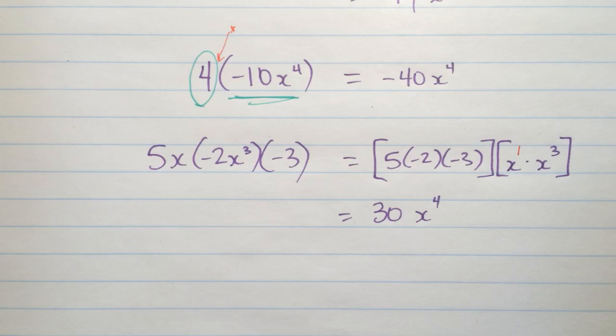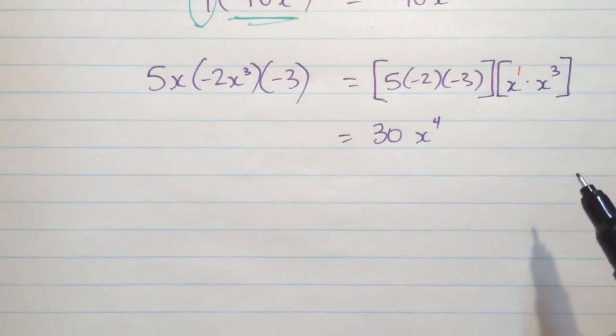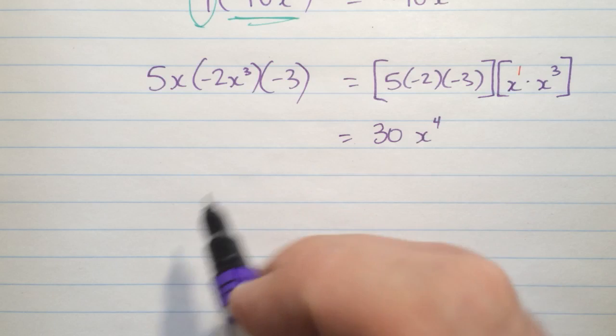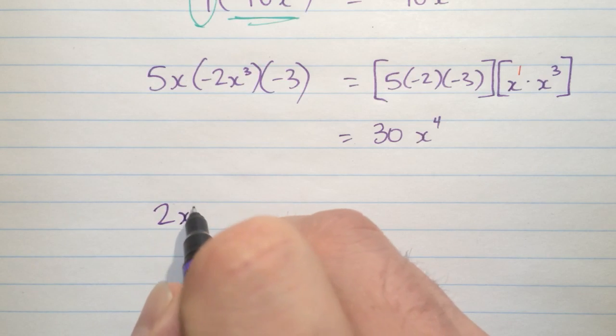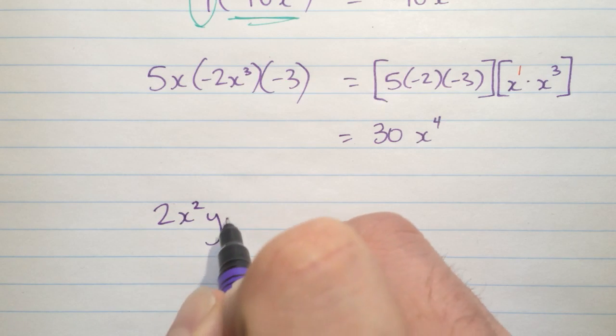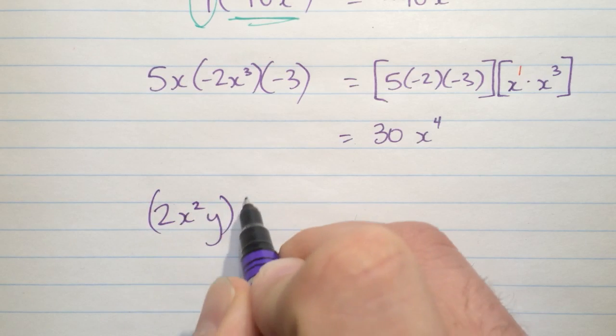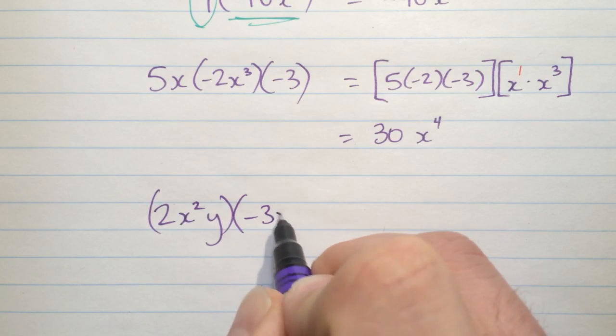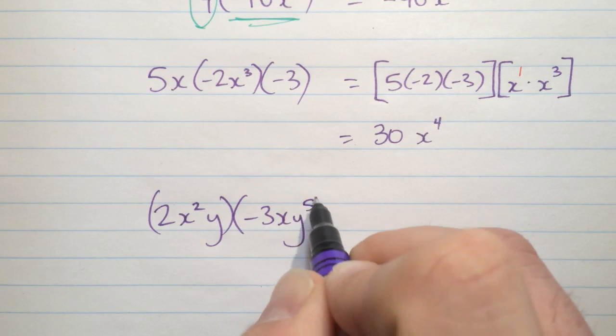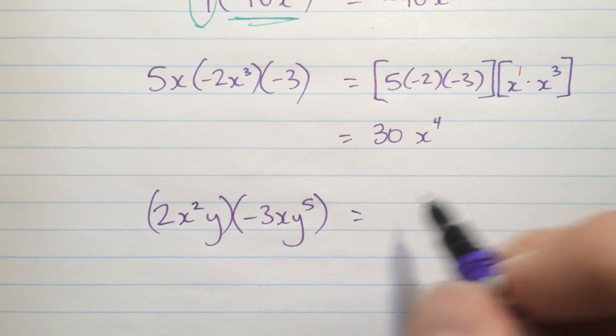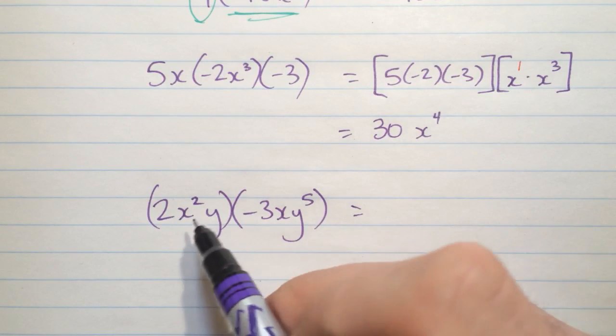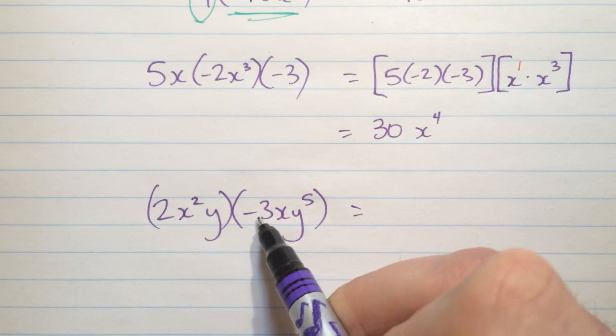Okay, now if there is more than one variable, what do we do? So what if I have something like 2x squared y multiplied by negative 3xy to the exponent 5? Well, the coefficient is going to be 2 times negative 3.